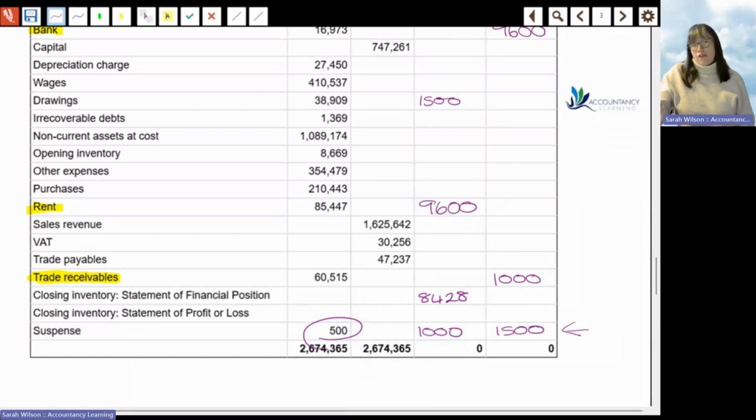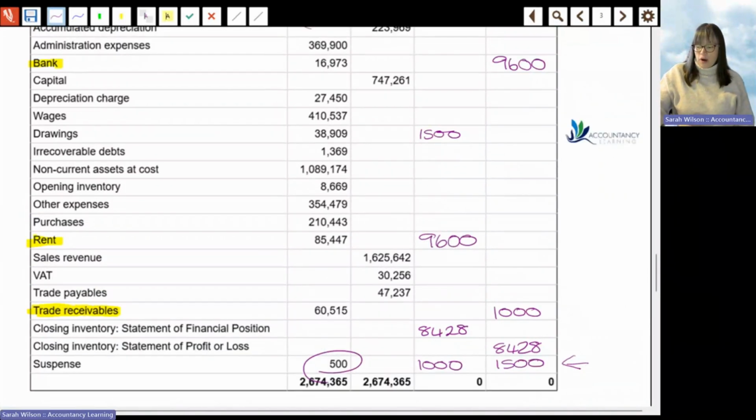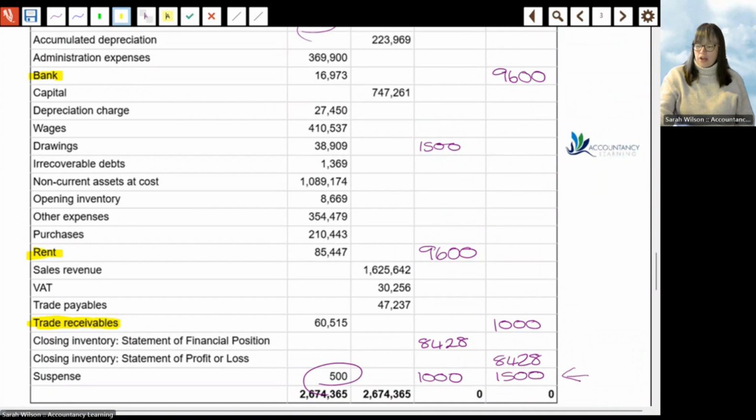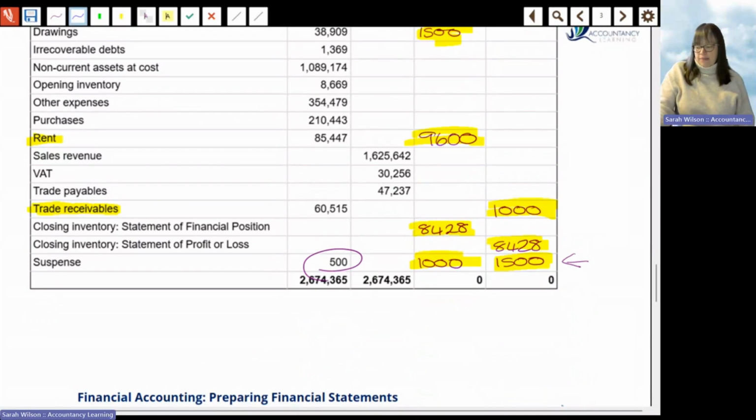And it forms part of the cost of sales in our statement of profit or loss. So that's our credit. So each one you can see you've got equal and opposite entries. And then in the exam, these two here will auto sum and you'll see that you balance.